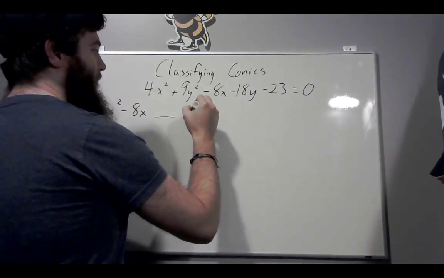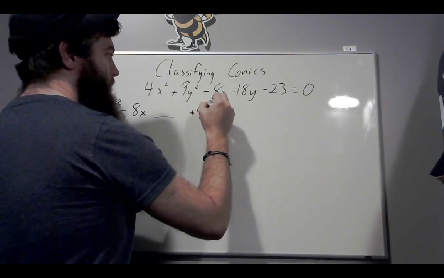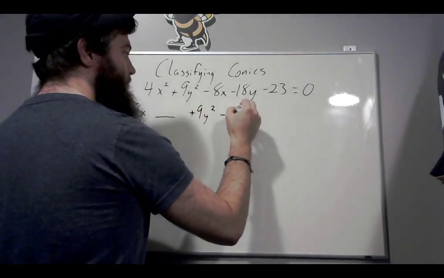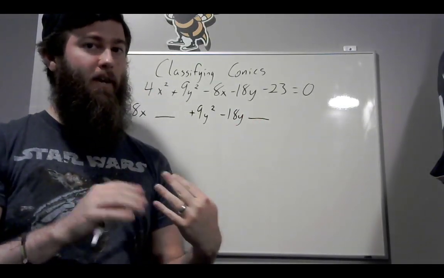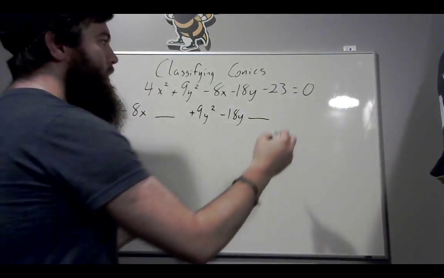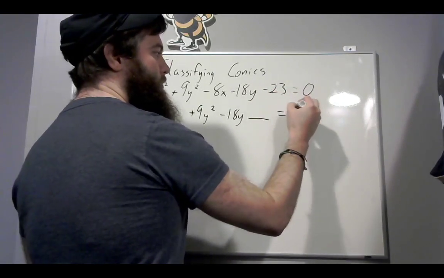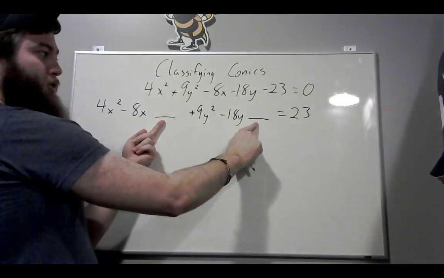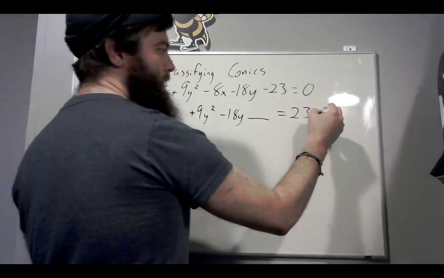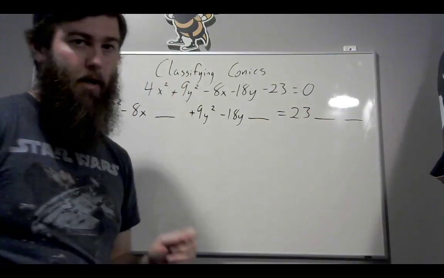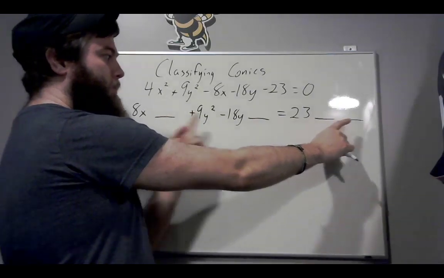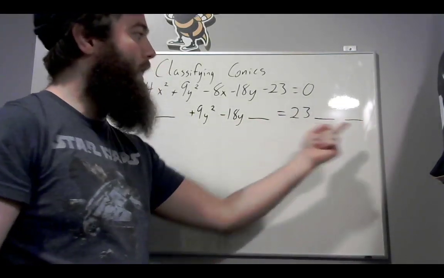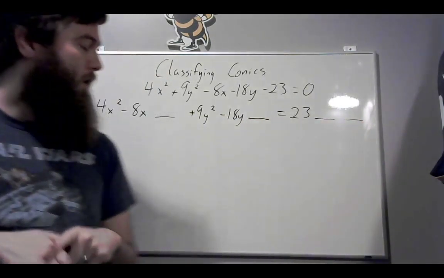Then I also have plus 9y squared minus 18y, also a blank because I have to complete the square for my y's. Adding that 23 over, notice how I have two blanks on this left side, so I'm going to need two blanks on the right side, because when I find this number over here, I need to also add it on the other side.